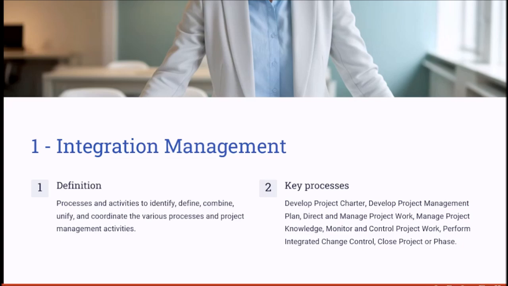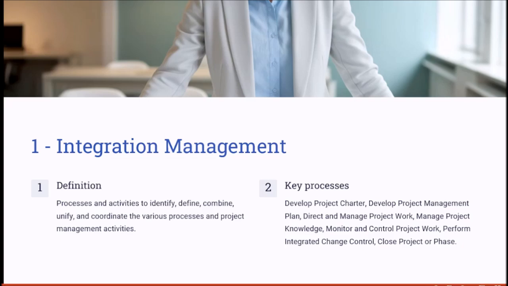That key process ensures that the project manager reviews all of the change requests, approved changes, and manages the changes to the deliverables, organizational process assets, project documents, and the project management plan.